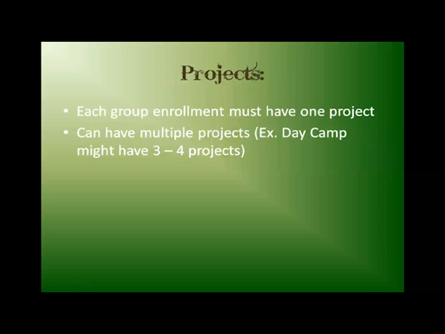The system will not let you get past that first page without reporting a project, but I think we really under-report the number of projects that our group enrollments should reflect. Because if we report we reach 100,000 4-H members in Arkansas in a year, then we should have at least 200,000 projects.